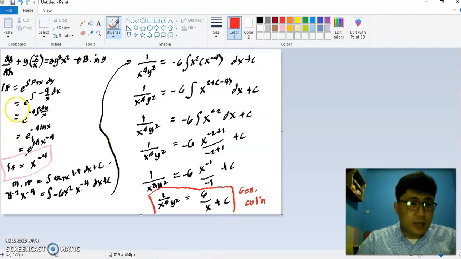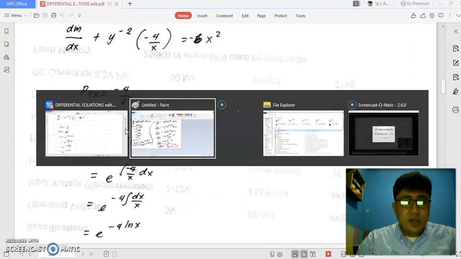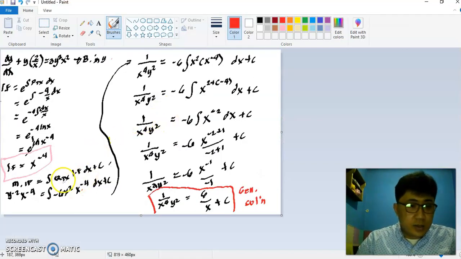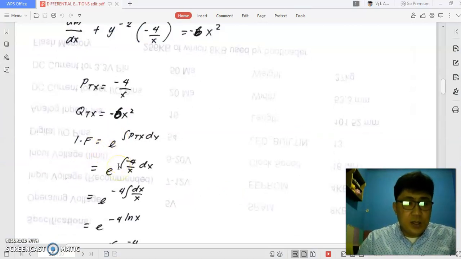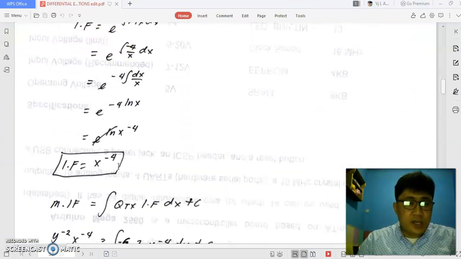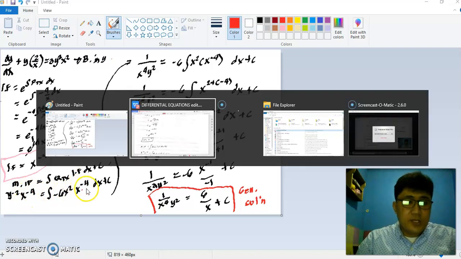So our Q(x) is negative 6x squared. And then our integrating factor is x raised to the power negative 4, which is correct.